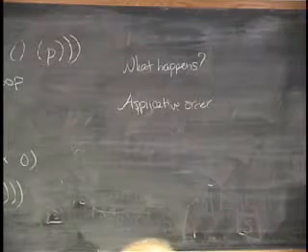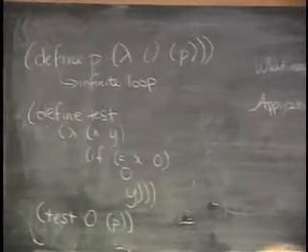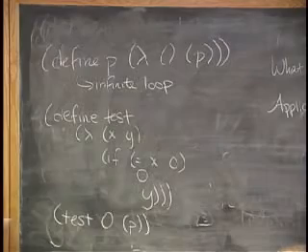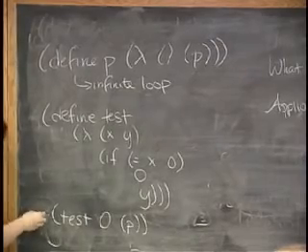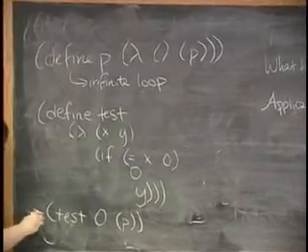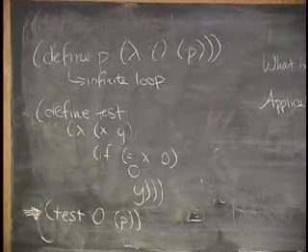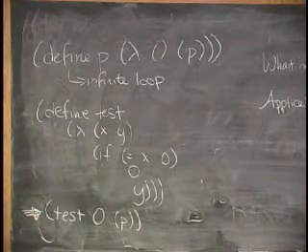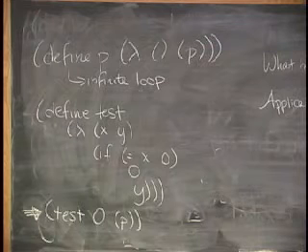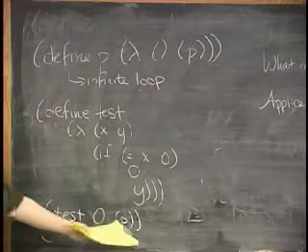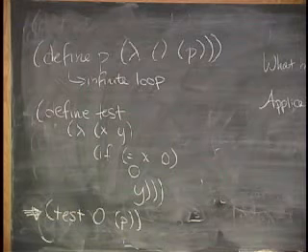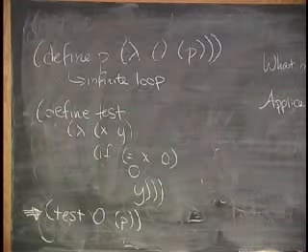Remember, what we're first evaluating is this. And what's our applicative Scheme rule? Evaluate all of the sub-expressions in any order. When we go to evaluate all of the sub-expressions, what happens? We get an infinite loop.